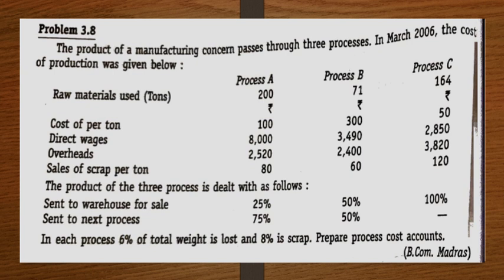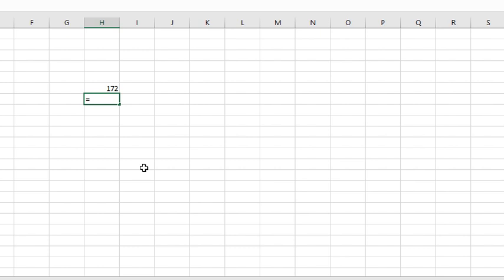So 25% is to the warehouse and 75% to the next process. This 172 is the remaining units after deducting the weight loss and the normal scrap value. After deducting 200 minus 12 minus 16, we get the balance 172, into 25%, which is transferred to the warehouse, which will give you 43 tons.